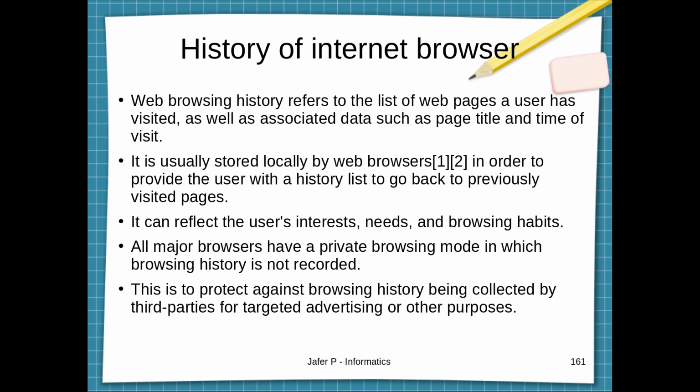Because it will reflect your interest or your needs or your browsing habits. So the third person can easily take those data so that they can understand what's your interest. Purely they are using that for advertising or other purposes, right? So to protect that, we can have an option in the browser called private browsing mode. I hope you understood.